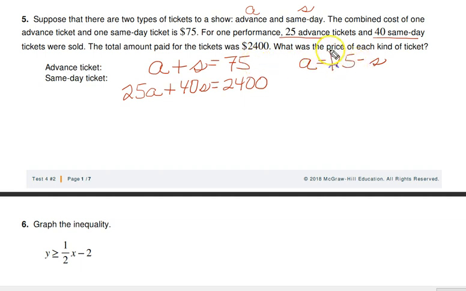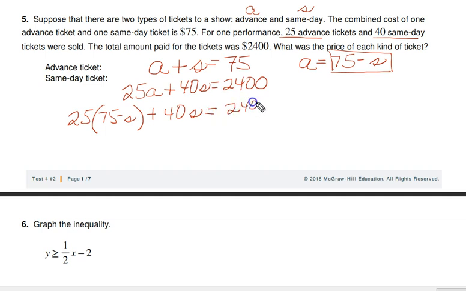So wherever there is an A, we put that in. And let's do that here. So 25 times A, which we said is 75 minus S, plus 40S equals 2,400.